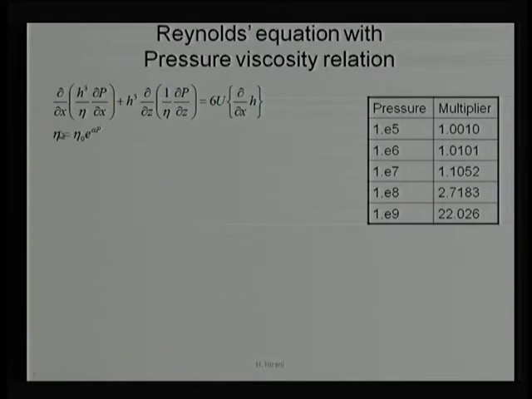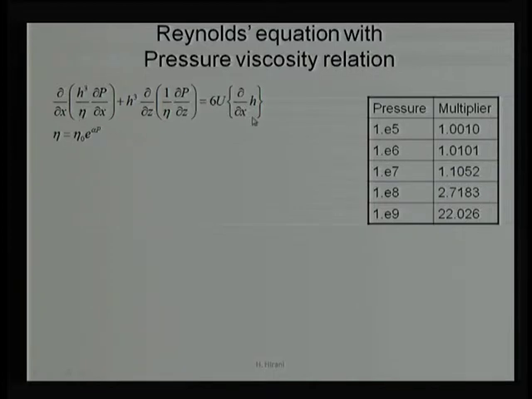If I follow this pressure viscosity relation, many times we call it the Barus relation, given by the authors and used extensively. As pressure further increases, viscosity is going to increase. At 1 gigapascal pressure, viscosity will increase 22 times. That is a significant increase, a substantial viscosity variation, and that needs to be incorporated in Reynolds equation.